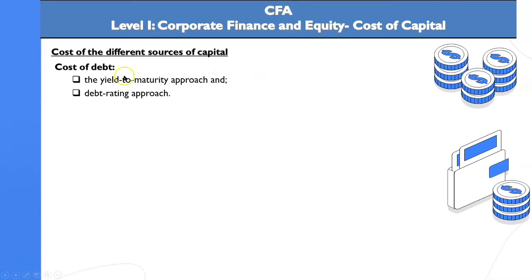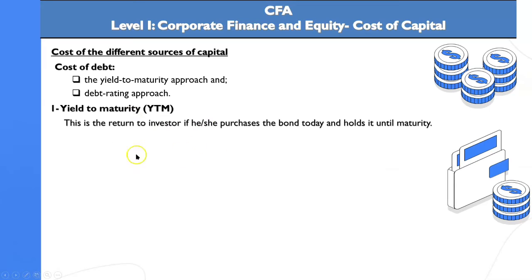What yield, what return are you going to get until that maturity? This is the meaning of yield to maturity. It is the return to an investor if he or she purchases a bond today and holds it until maturity.